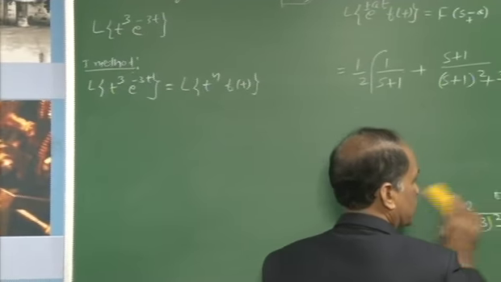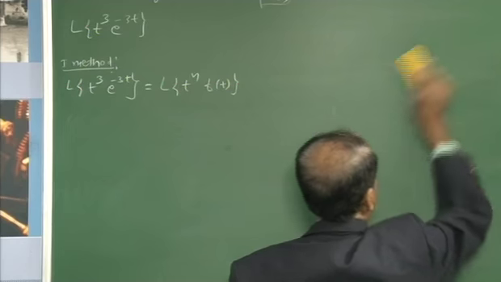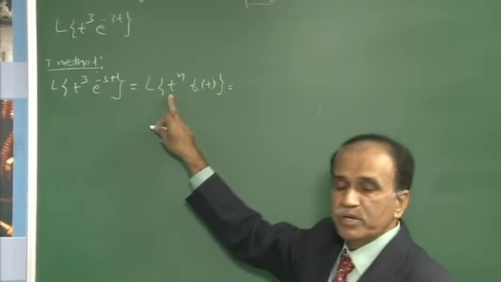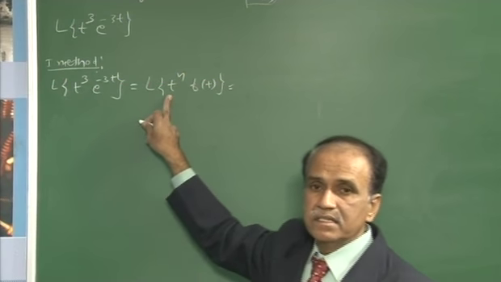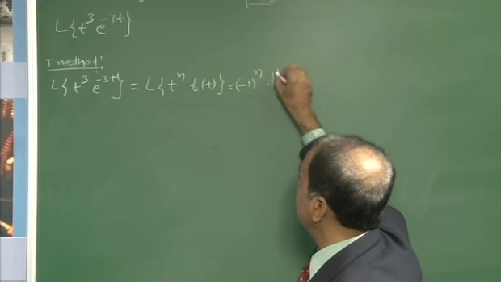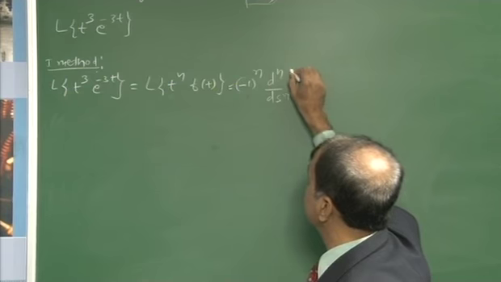In one of the previous classes we have derived that derivative property. What is the meaning of that derivative property? When t to the power n is there, the derivative property takes on the right side minus 1 to the power n, d^n divided by ds^n of f of s.